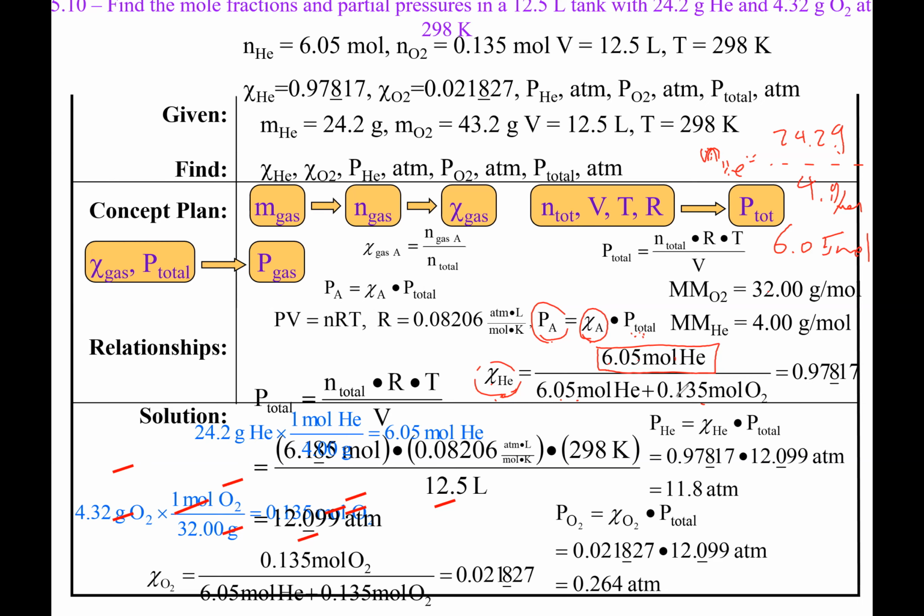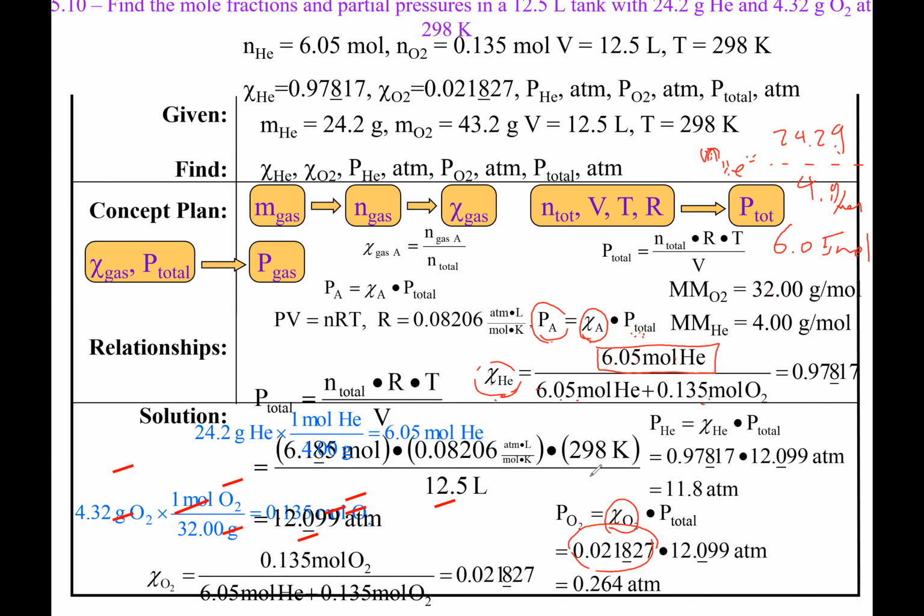Or for the mole fraction of oxygen, you say 0.135 divided by this total. So you can get it either way. The mole fraction of oxygen is 0.02 here. Okay? 0.02. That's the mole fraction of oxygen.